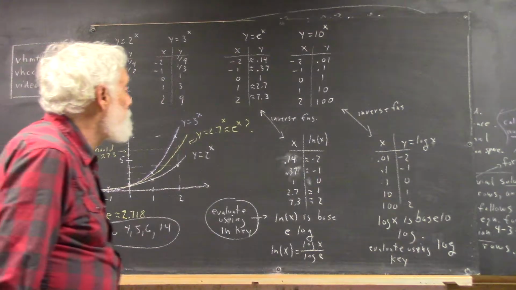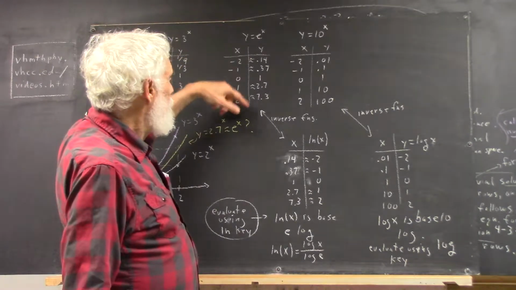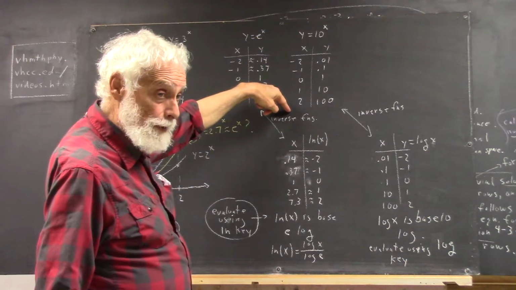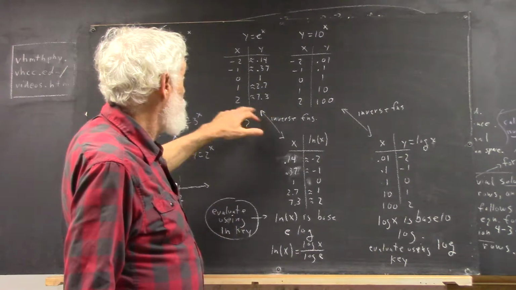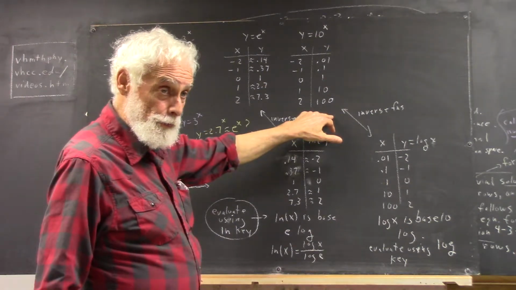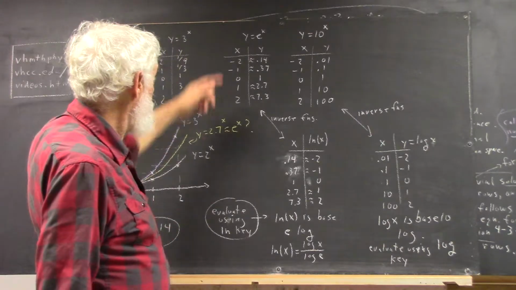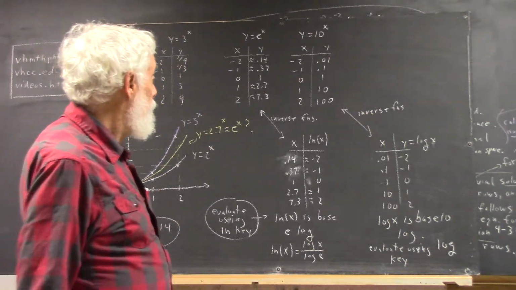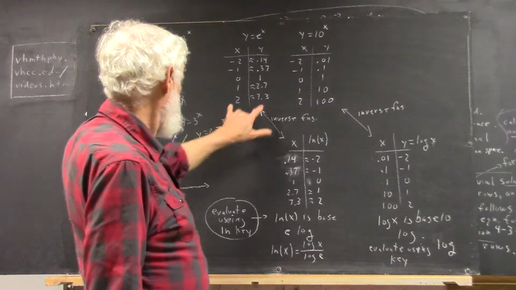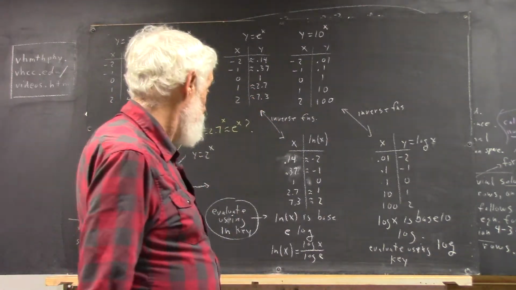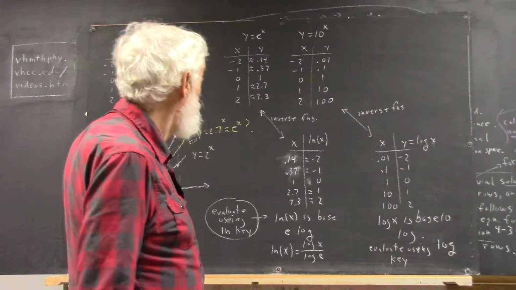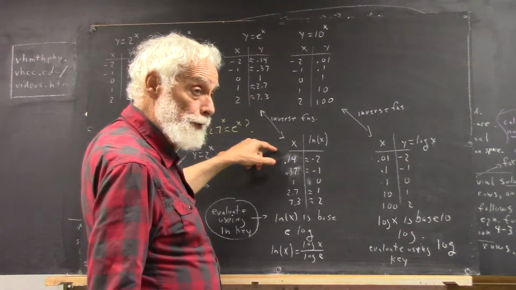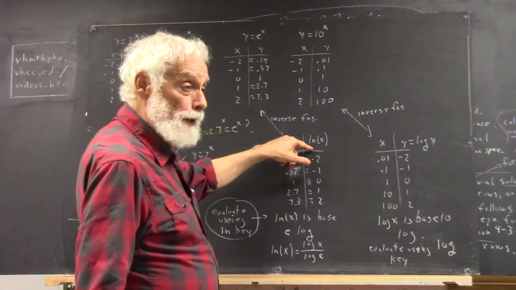Now, I did the y equals e to the x graph so I could compare it with the graph of y equals 10 to the x, and so that I could do the inverse functions of these two. So I take the e to the x graph with these approximate values, and I do the inverse function. I simply switch the columns, and now I have a graph of natural log of x versus x, because that's what the natural log is.